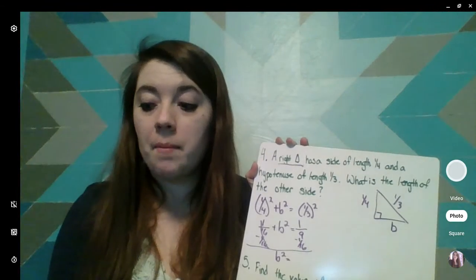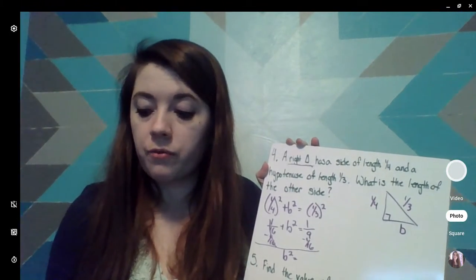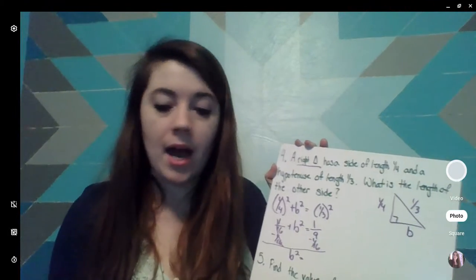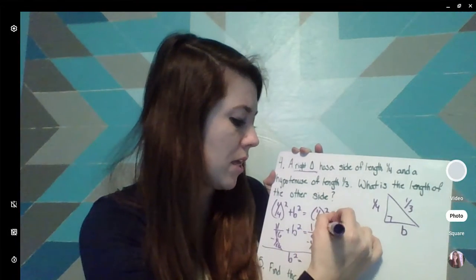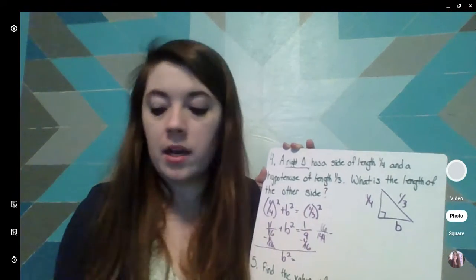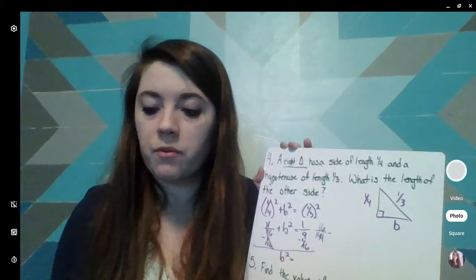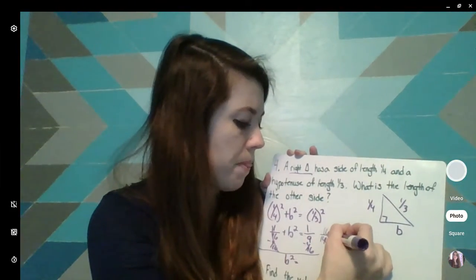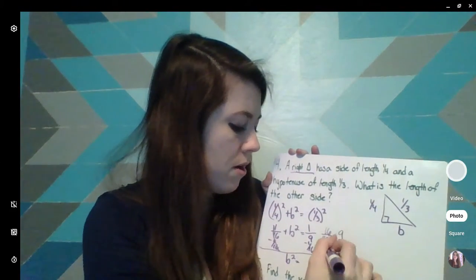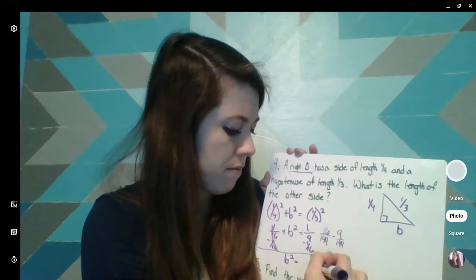Our common denominator is actually 144. 144 is divisible by 9, and we get 16, so this will be 16 over 144 minus, since 16 times 9 gives us 144, 9 over 144, which gives us 7 over 144.